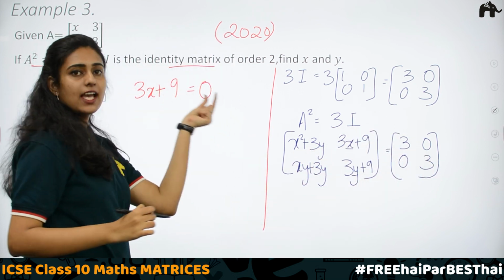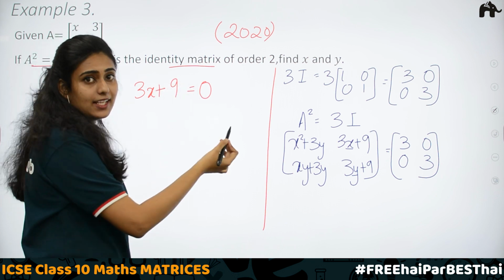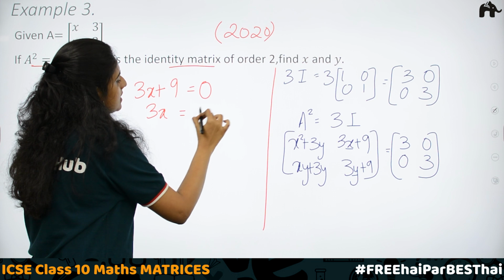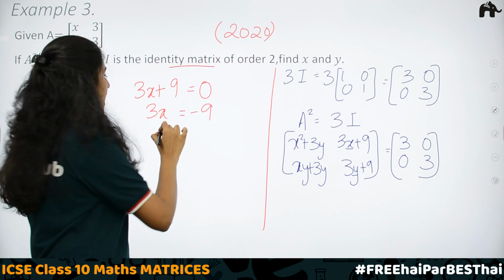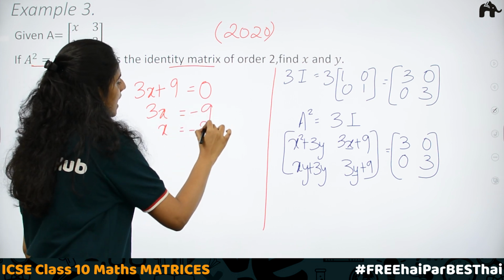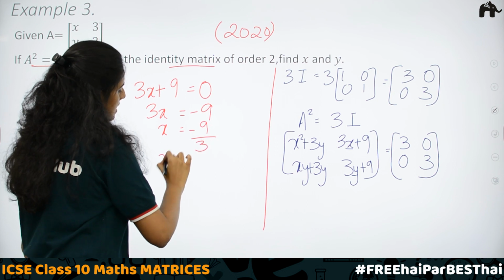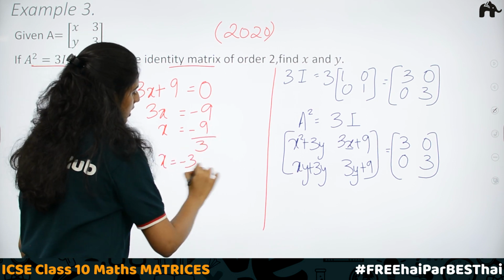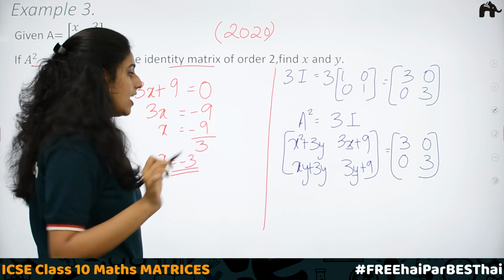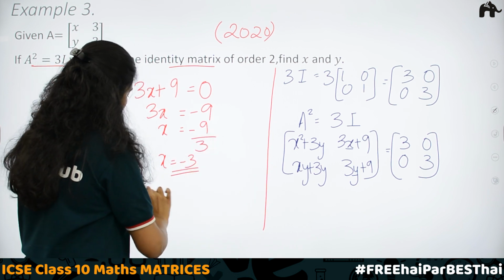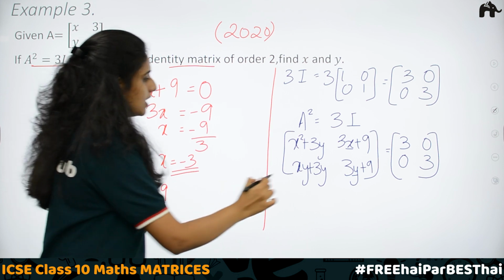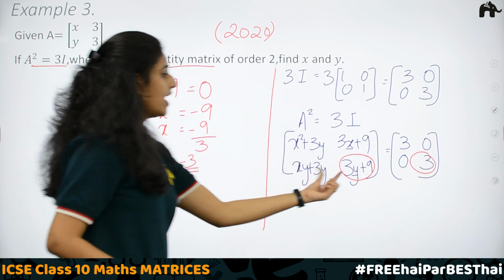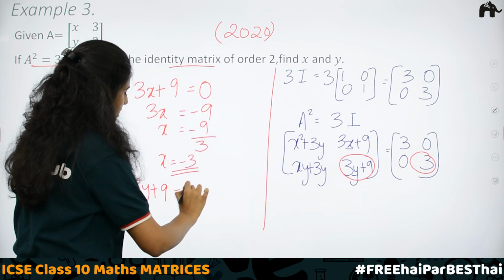If 3x plus 9 is equal to 0, then how to find x? 3x will be equal to, taking plus 9 to the opposite side, it becomes minus 9, and x is equal to minus 9 divided by 3. That is, x is equal to minus 3. We got the value of x. Similarly, we can find the value of y. We have 3y plus 9. The corresponding element here is 3. 3y plus 9 is equal to 3.